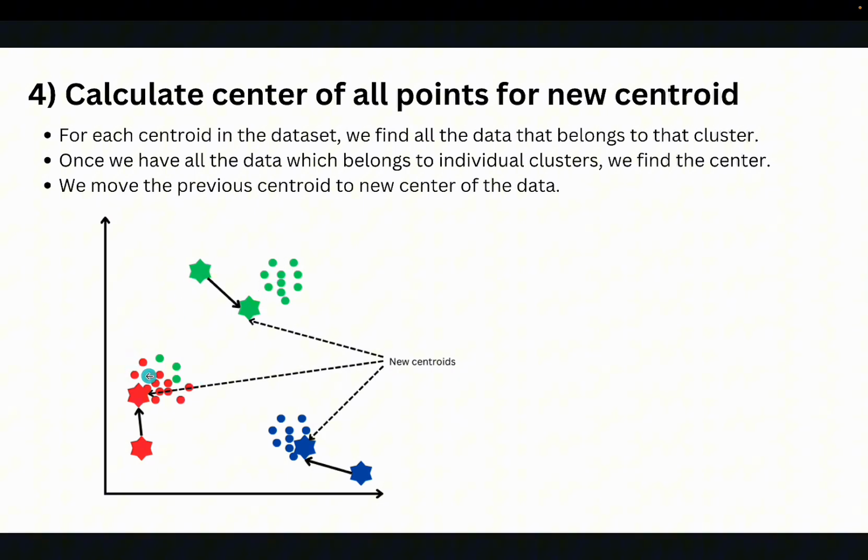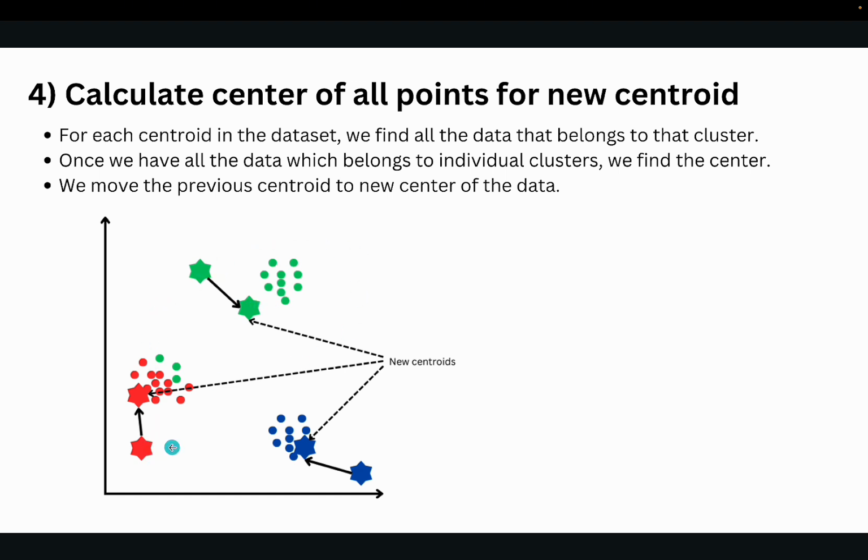The algorithm calculates the center of all the assigned points in the data set. In this example, the center will be this one, and the algorithm moves our previous centroid to the new center of the assigned data.